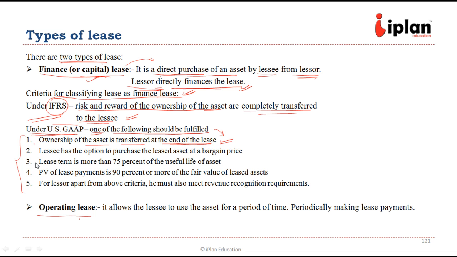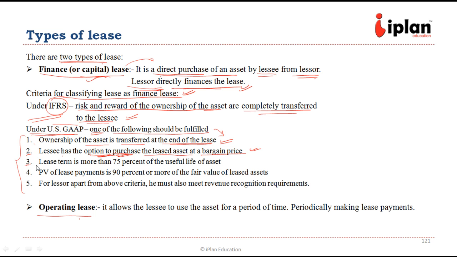Or the second condition, which is the lessee has the option to repurchase the leased asset at a bargain price. So in the beginning, the lessee has got the asset on lease, but later it has an option to purchase the asset at a bargain price. In that case also we can classify it as capital lease.